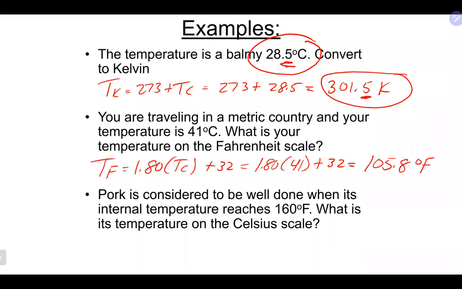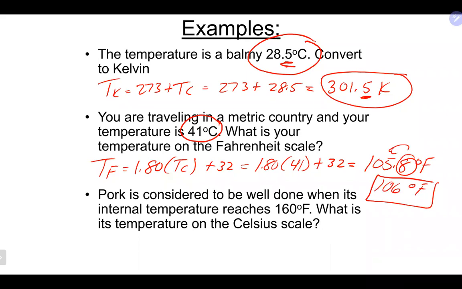In this case, I should take that to 106. We look at our original number, which was a whole number, so we would round this to 106 degrees Fahrenheit. We round up because this digit is above 5. Any questions on that one?